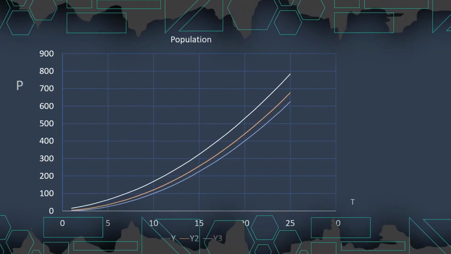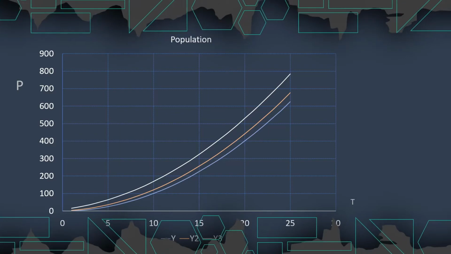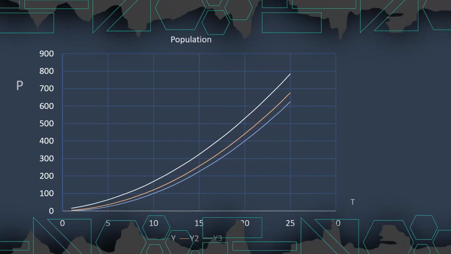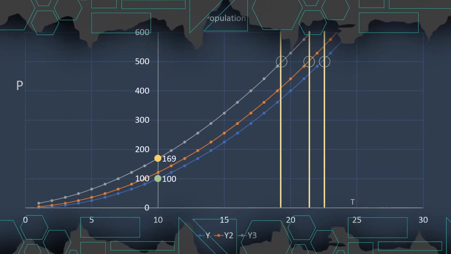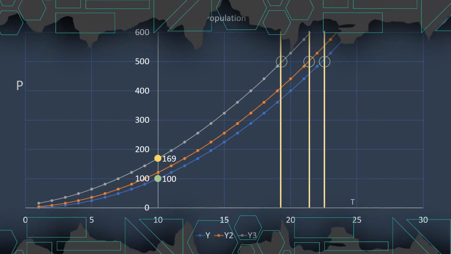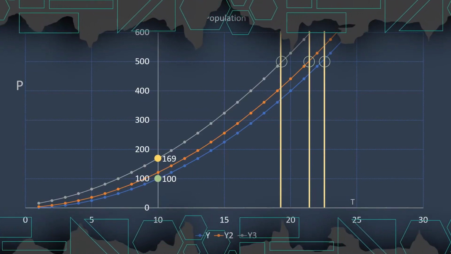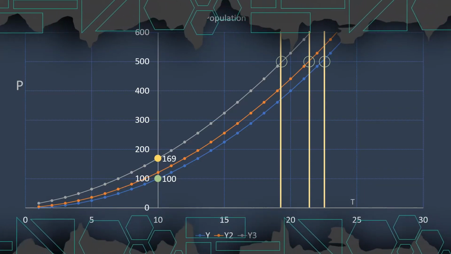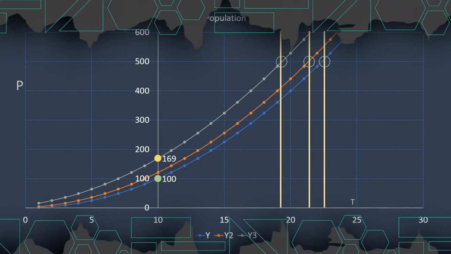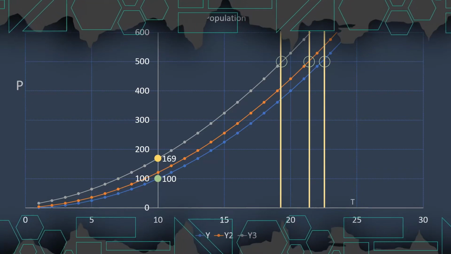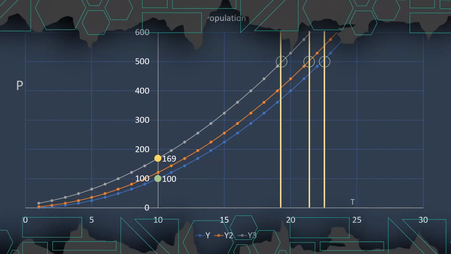Here is a graph showing how the population of fishes varies over time. Let us model this case. If we zoom into the graph, consider two batches of fishes, 169 and 100. Over time, the batch with 169 fishes will reach a population of 500 faster than the 100 fishes because there are more fishes to reproduce.